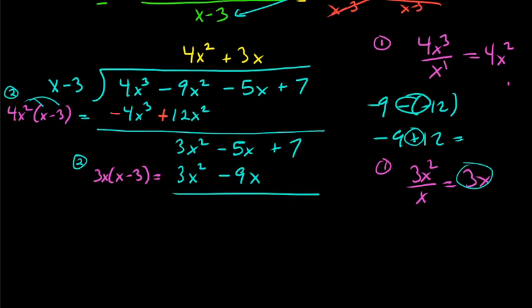And then subtract. Or better yet, if you take my suggestion, you add the opposite. So make this a negative 3x squared, make this a positive 9x, because now it's a lot easier to add. 3x squared plus negative 3x squared is 0x squared, which is just 0. And then negative 5x plus 9x is positive 4x. 7 plus 0 is 7.